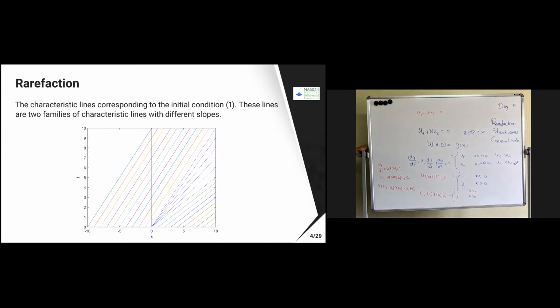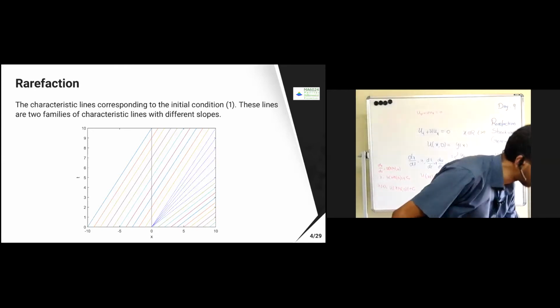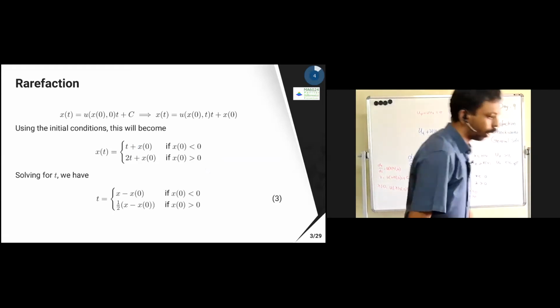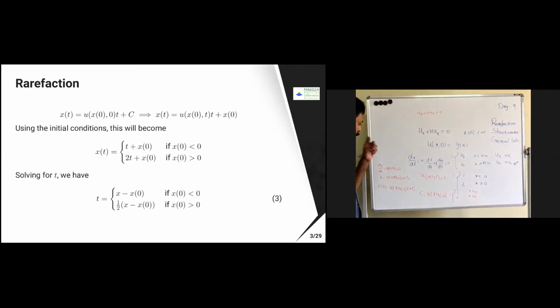Now, what is v(x(0))? That is nothing but 1 if x is less than 0 and 2 if x is greater than 0. Therefore x(t) is going to become t plus x(0).